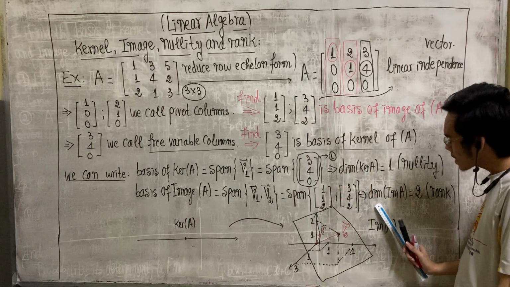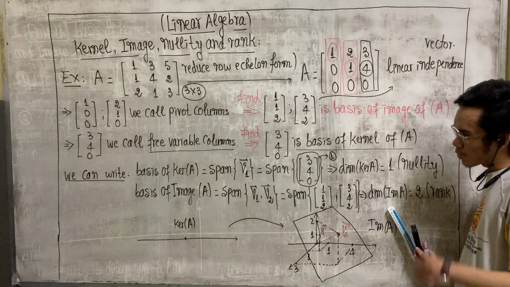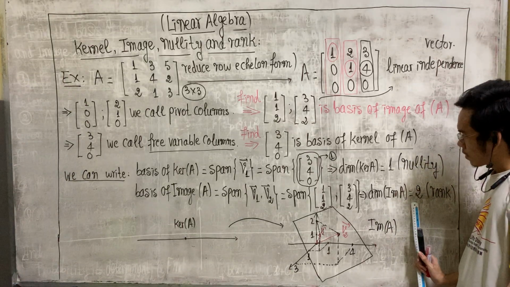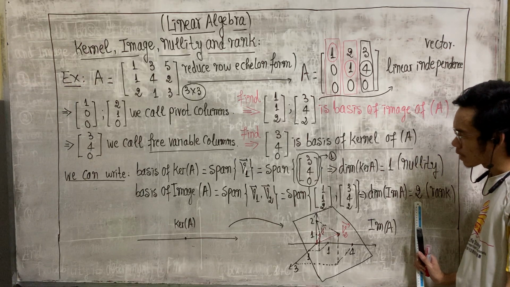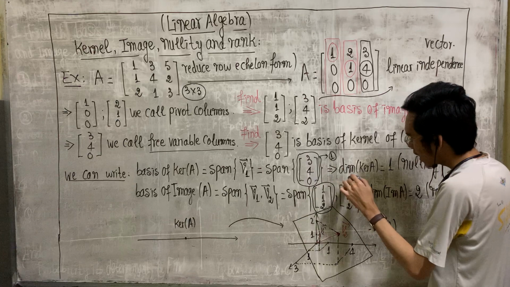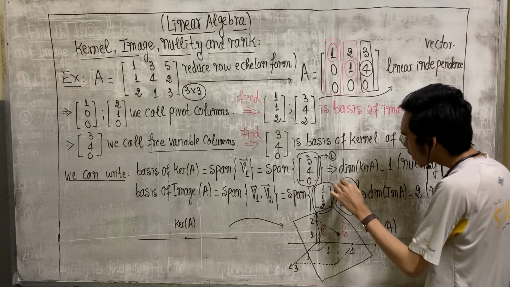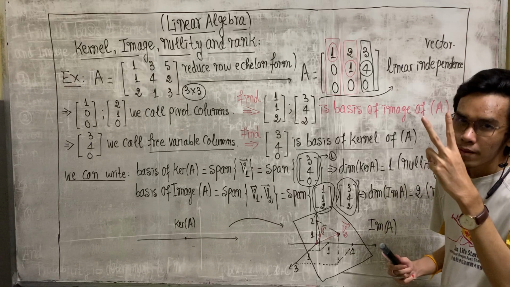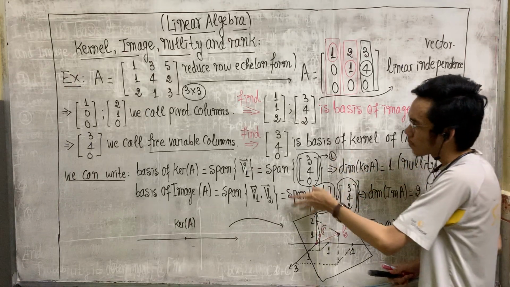So the dimension of the image is equal to 2. What does the number 2 mean? It means that you have two linear independent vectors from the basis.